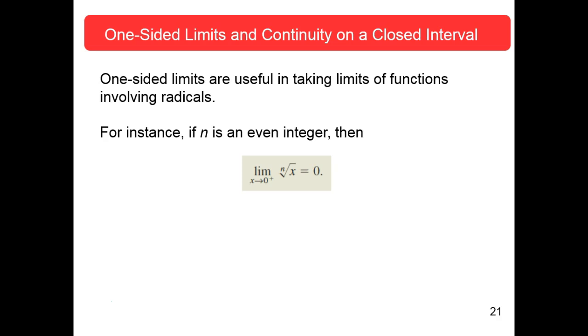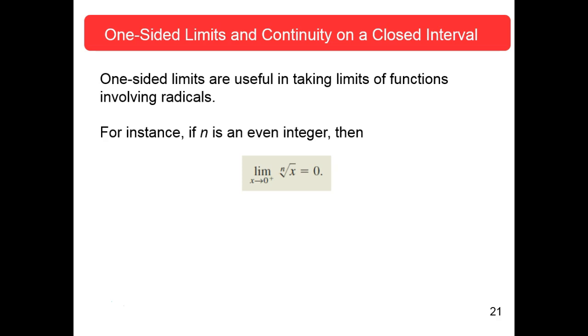One-sided limits are useful in taking limits of functions involving radicals. For instance, if n is an even integer and you're taking the nth root of x, as x approaches 0 from the right-hand side, that's going to be 0. How about if x approaches 0 from the left-hand side?